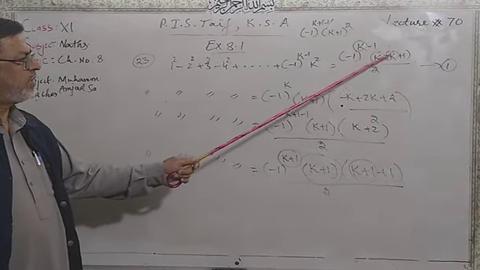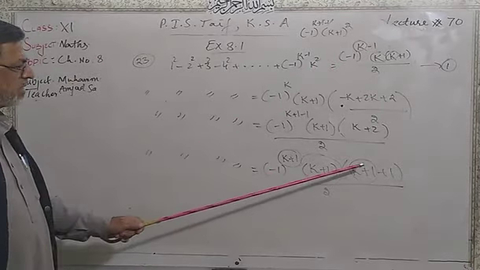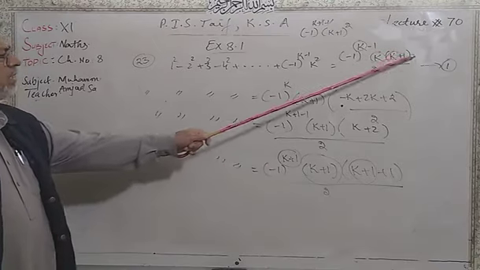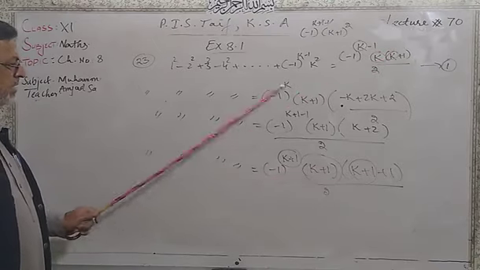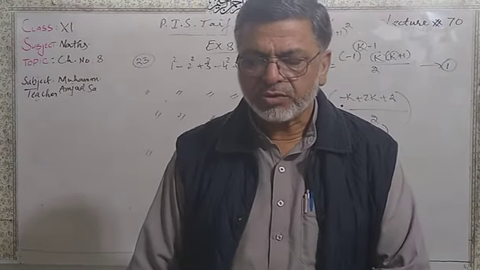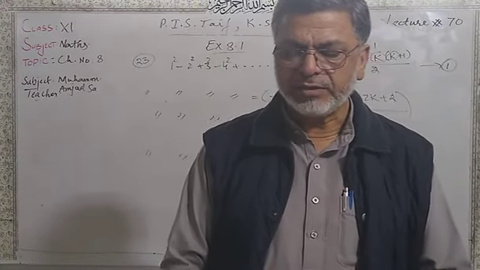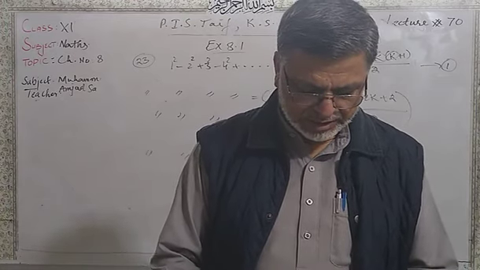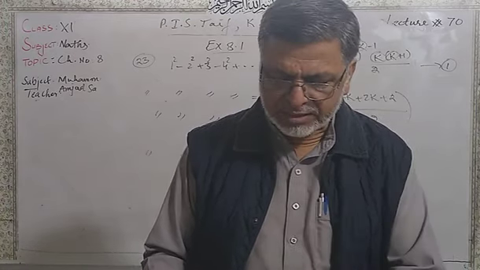In place of k, in 3 places we will have k+1 in this way. So 1 and 2 are constants as they are. So what is true for n = k is also true for n = k+1. I hope that you understood this question.